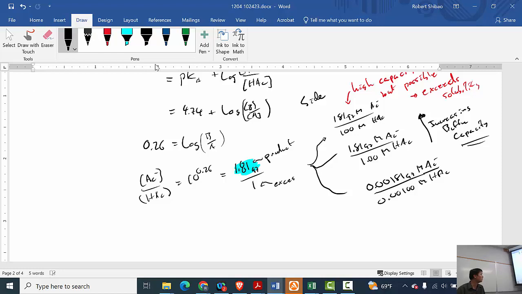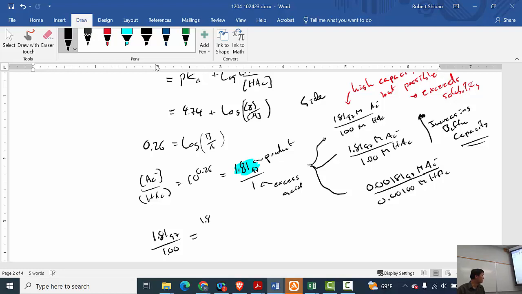This is the excess acid. And so what I do is I take the 181.97 over 1, let's call it 1.00, it's actually exactly 1, and I convert that into this.